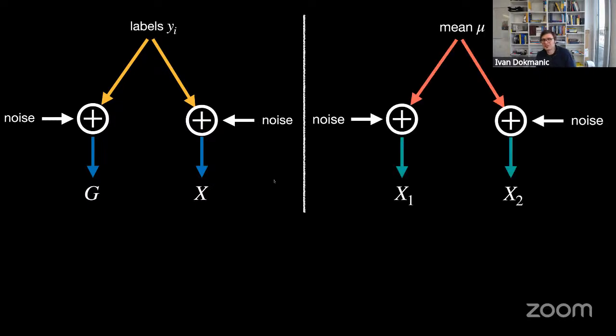A much simpler situation is we have a number. We call it a mean, mu. We would like to estimate this number. It's a message. This message goes into two different Gaussian channels. They're independent, but they're the same otherwise. They add zero mean Gaussian noise to this number, and we end up with two independent Gaussian random variables that have the same distribution, mean mu and variance sigma squared.